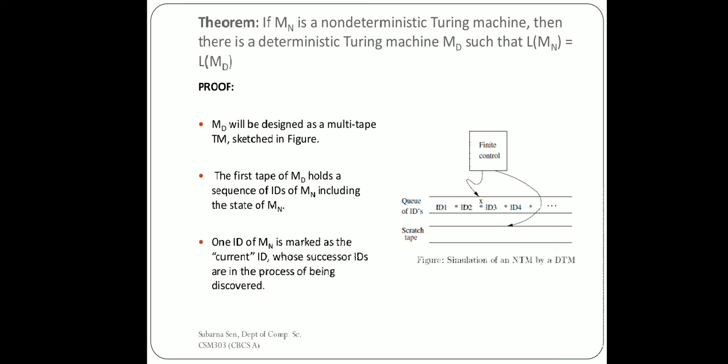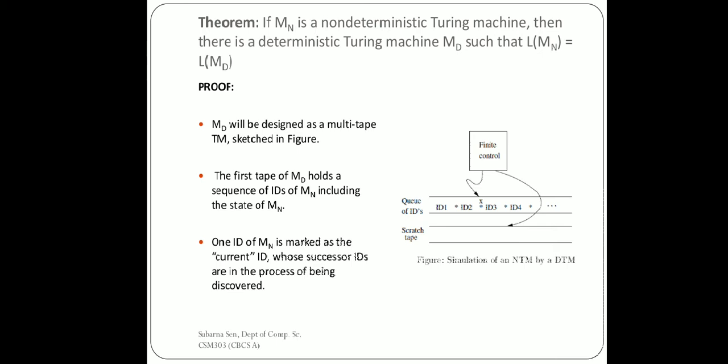An ID consists of a state and the input it is processing, and the transition, that is, for this pair, which state it is going to move to, which symbol it is going to replace in place of the existing one, and whether it will move left or right.